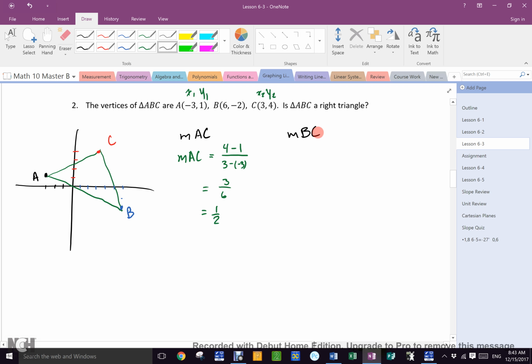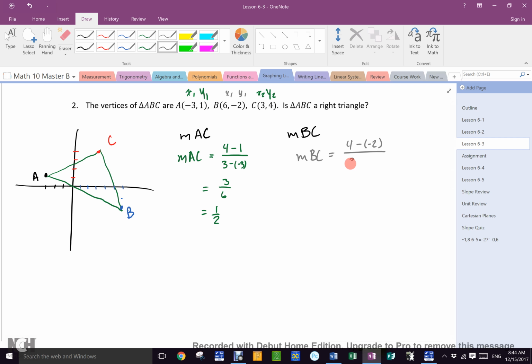So, BC, slope of BC, Y2. Or, sorry, not Y2. Since I've already labeled these guys Y2 and X2, what would be smart to label these guys? Y1 and X1. So, 4 minus -2 over 3 minus 6, correct?